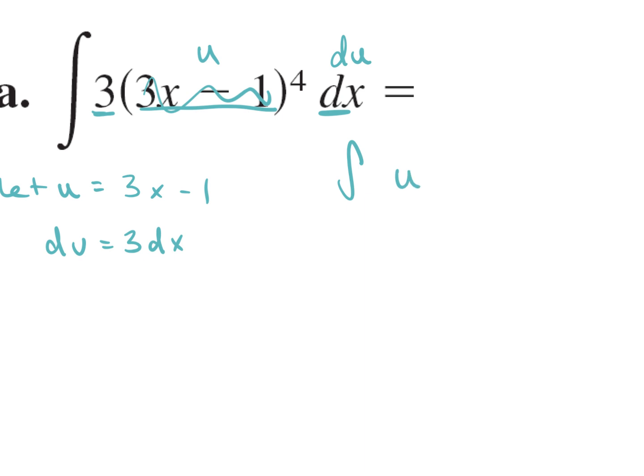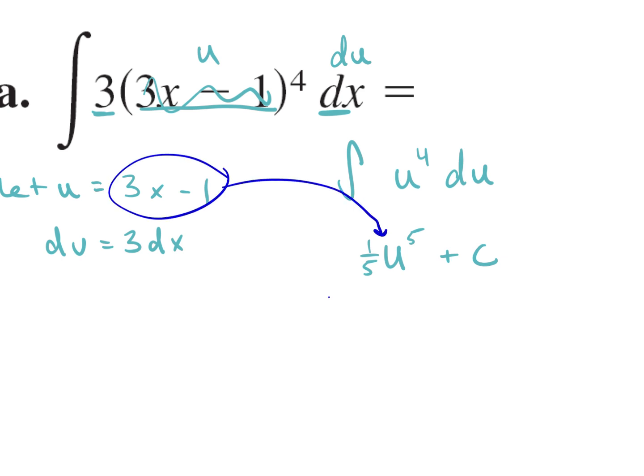So I have u to the 4th power du. So then when I take the antiderivative here, we get u to the 5th power times 1/5. What am I missing? Plus c. Last step we have to do is substitute back in. So 1/5 times 3x minus 1 to the 5th power plus c.